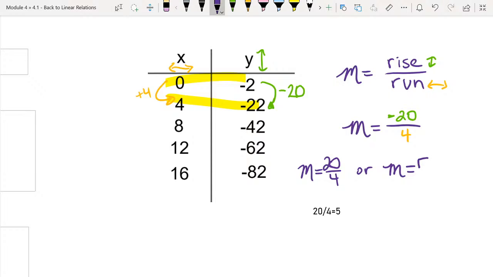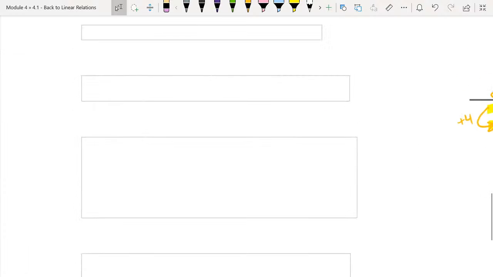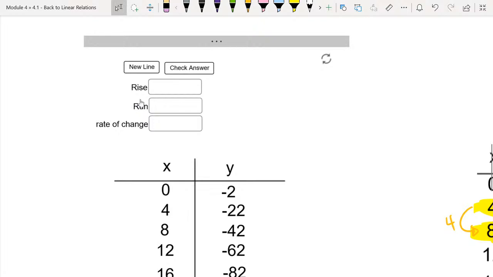So we could say the rate of change is 5, which means every time we change by an x, we go up by 5. And if we put that in here, we should get the same answer they do. So we said rise of -20, a run of 4.